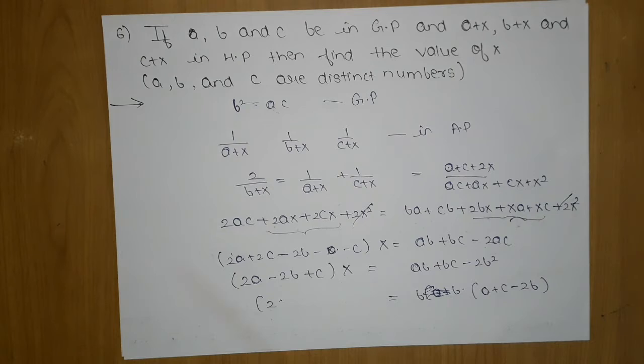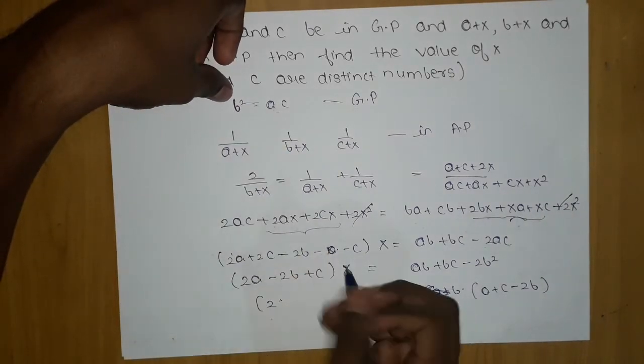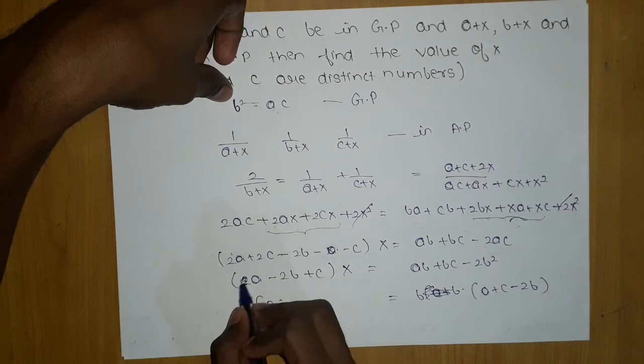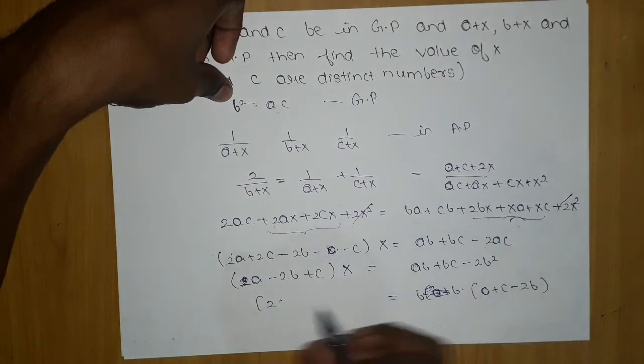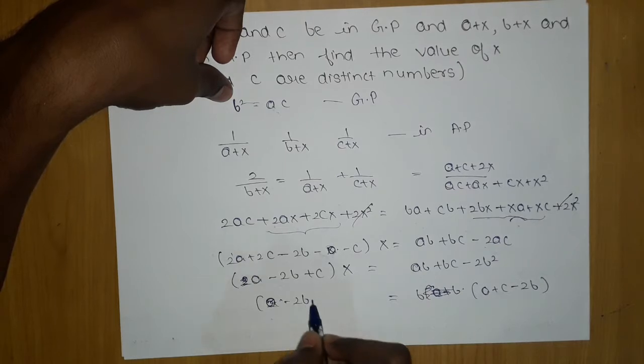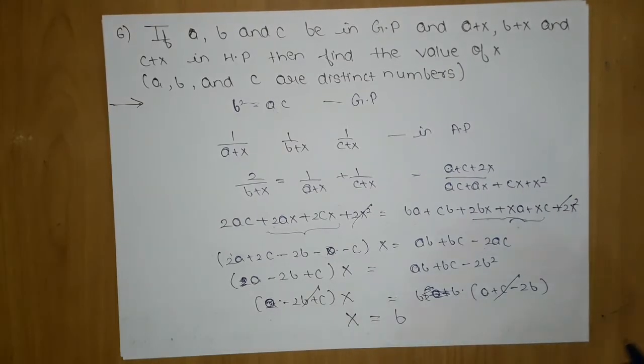We have moved 2a that side, there is one a also, one a will cancel out this one a, so these two are the same. And so these two will cancel out, which is nothing but a minus 2b plus c into x. So this and this will cancel out, giving me x is equal to b. So we got x is equal to b.